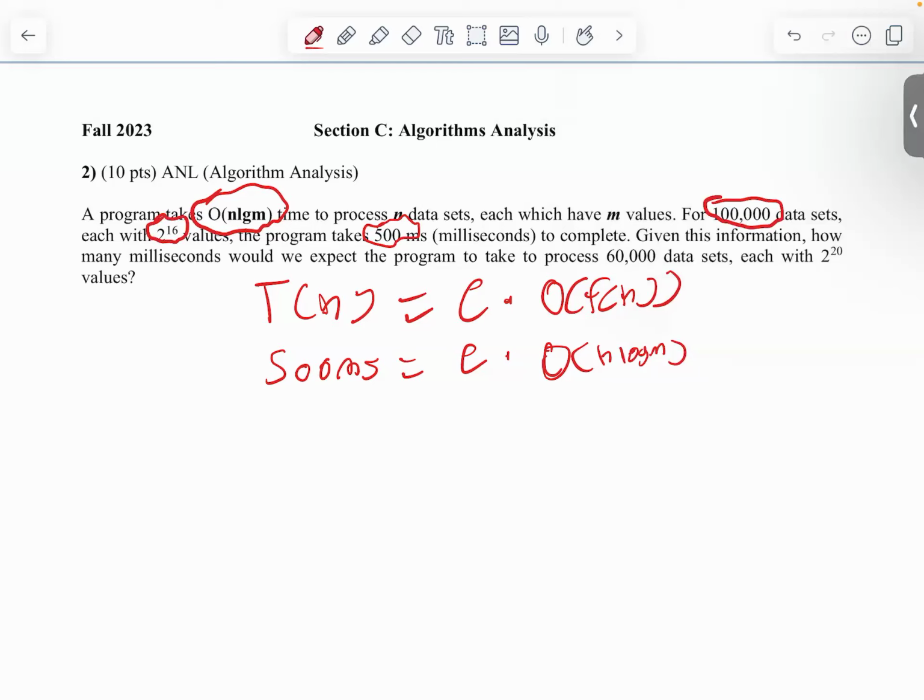So we plug that in as well, and we get 500 milliseconds is equal to C times n, which is 100,000, times log of 2 to the 16.